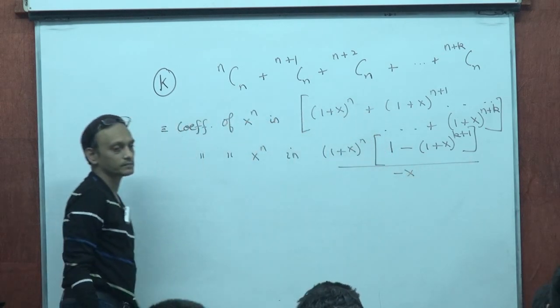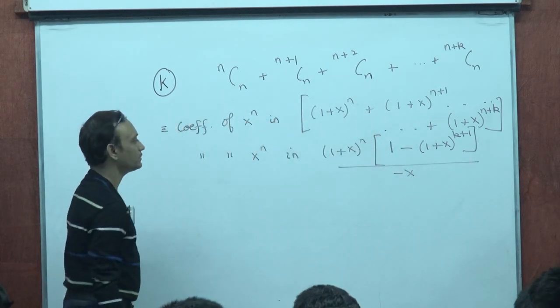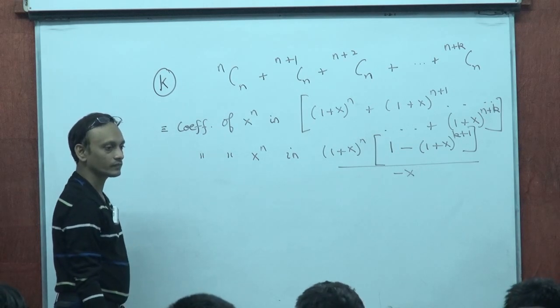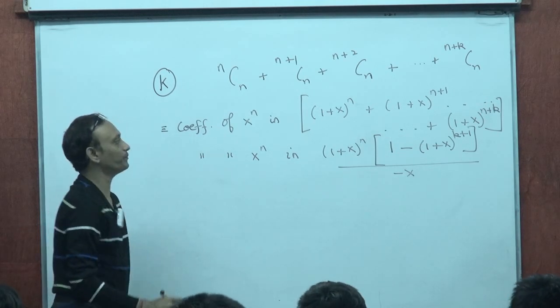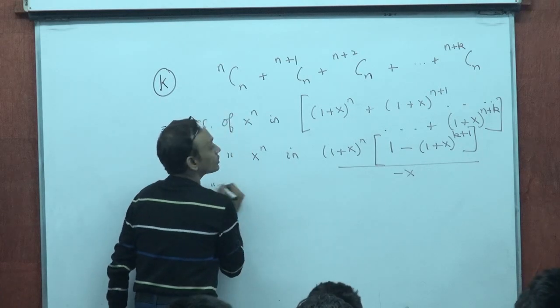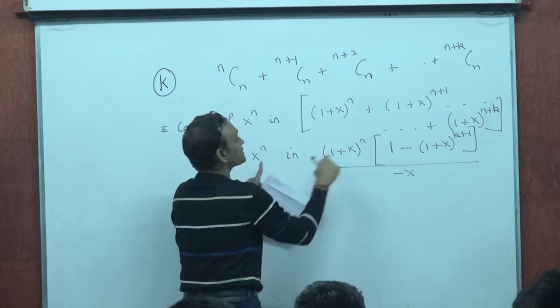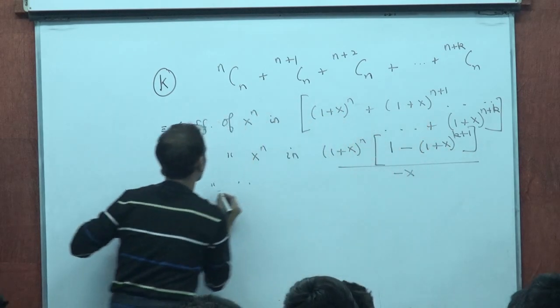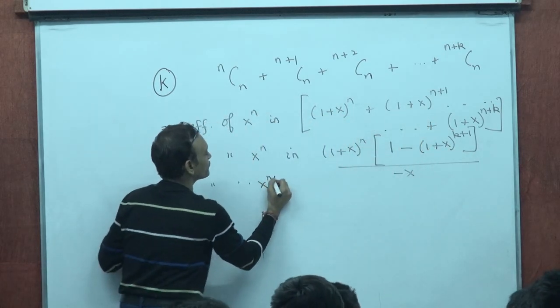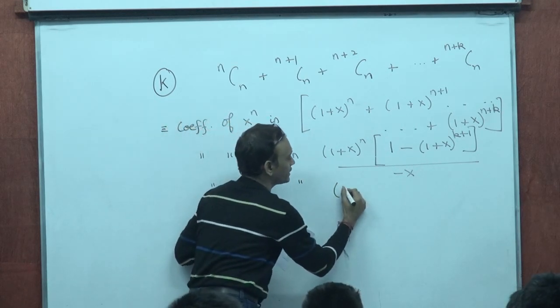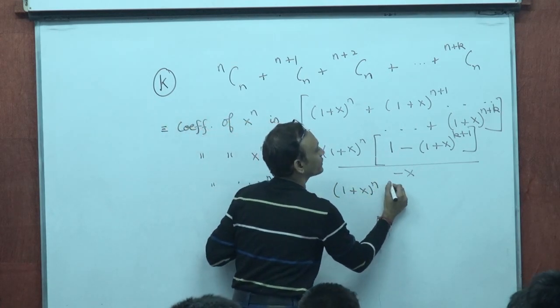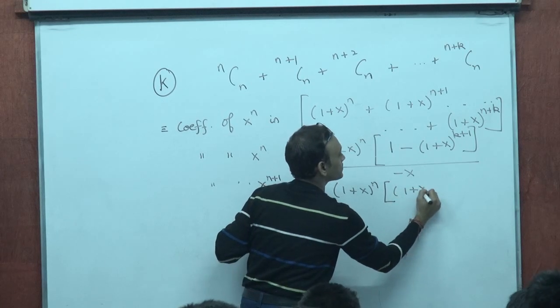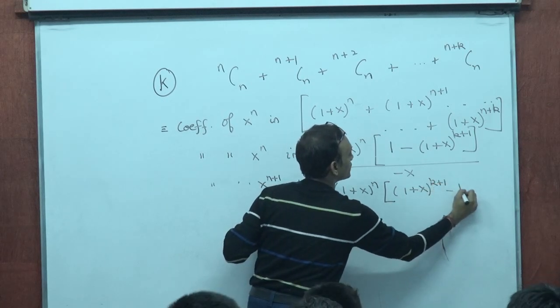minus x, right? Clear? So instead of seeking the coefficient of x power n in this, the coefficient of x power n plus 1 in the numerator. So we essentially would want the coefficient of x power n plus 1 in 1 plus x power n into 1 plus x power k plus 1 minus 1.